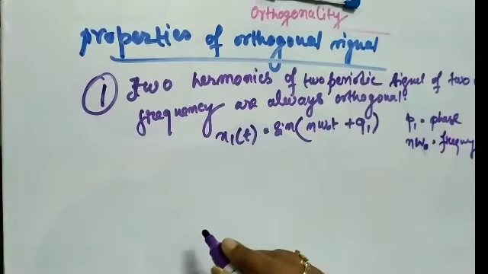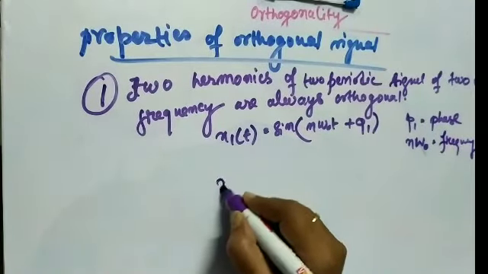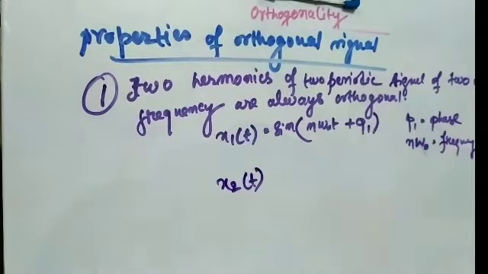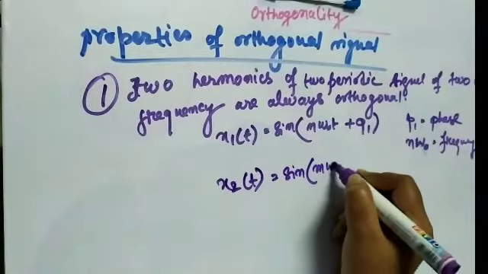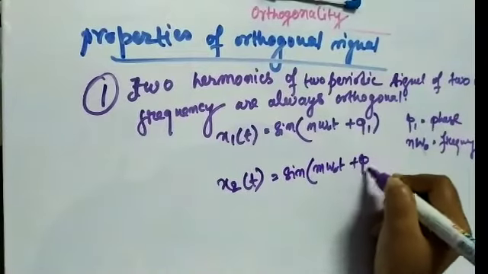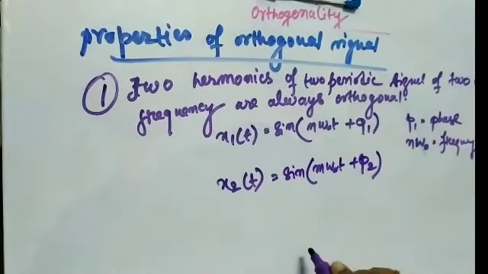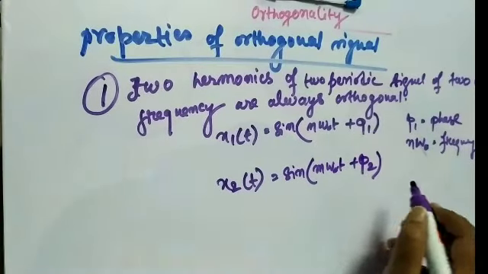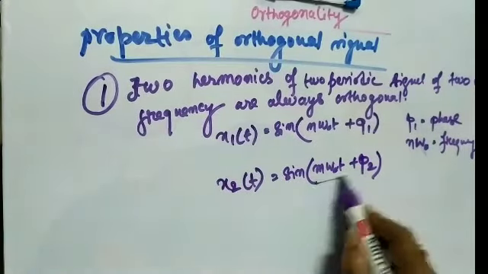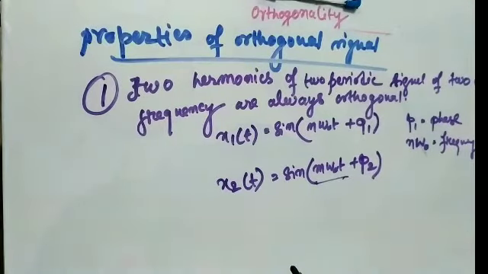And you have another signal, x2(t), which is represented by sin(m ω0 t + φ2), where φ2 is the phase of that signal and m ω0 is its frequency.